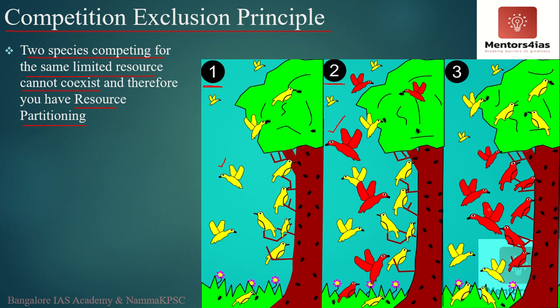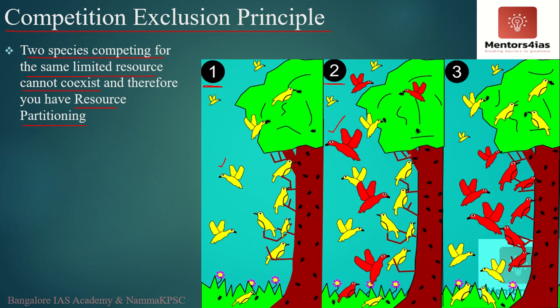But the red bird, being of larger size, is able to dominate over the yellow bird, because of which the yellow bird is not able to compete against the red bird. Now you have a shortage of the resources available for the red birds and the yellow birds. So there is pressure on the yellow bird to either move away to a new niche, to evolve, or to change its behavior, because it cannot continue to compete with the red bird.